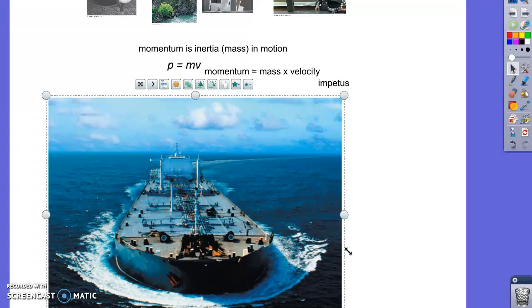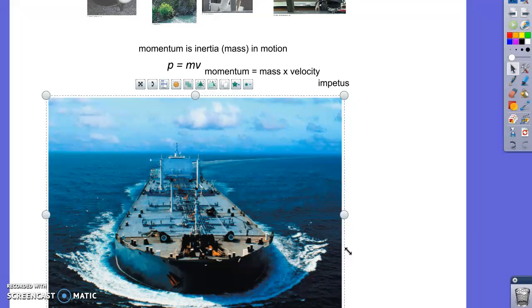And if it has a good velocity, then that's a lot of momentum, and it takes a long time to get rid of that. So if an object has a large mass, it doesn't have to be going very fast to have a large momentum.